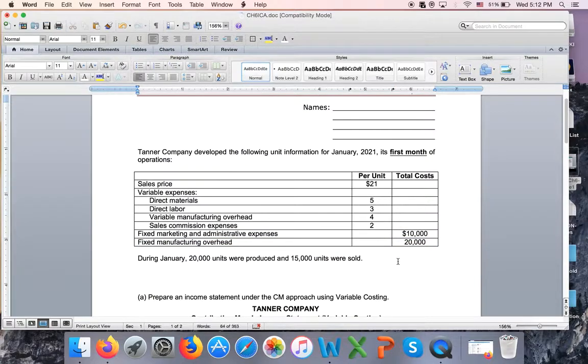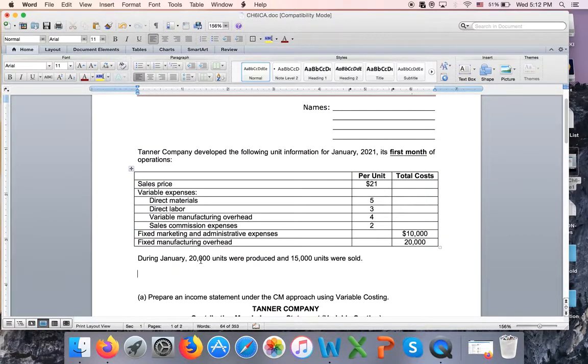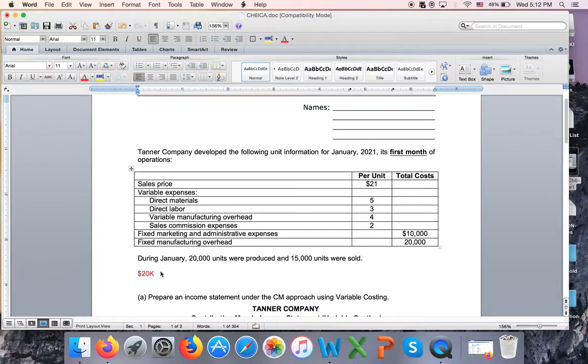The first thing I'm going to do is take this $20,000 of fixed overhead and divide it by the number of units we produced. We produced 20,000 units, it says right here. So for every unit, the fixed overhead per unit is $1.